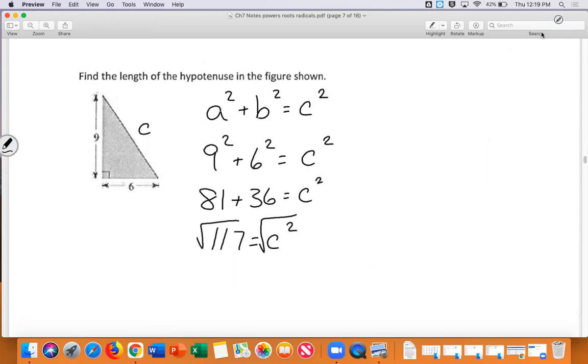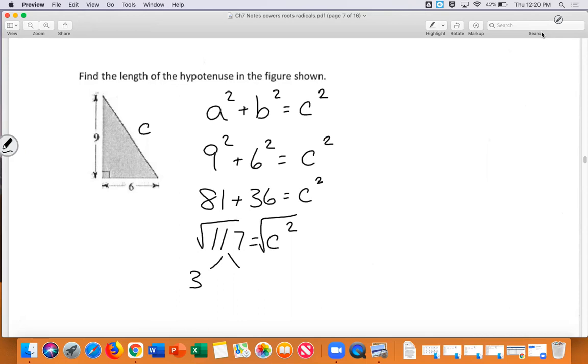All right, what number goes into 117? 3. How do you know 3 goes in? 1 plus 1 plus 7 is 9. 3 goes into 9. So this is 3. Not quite. 3 times what is 117?